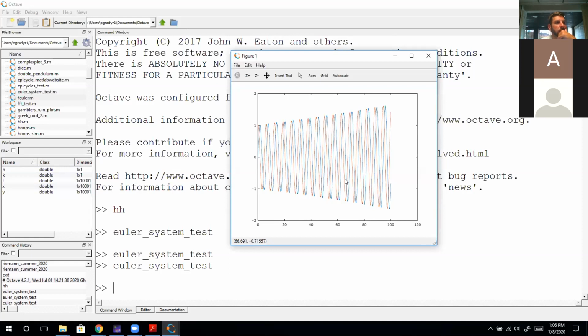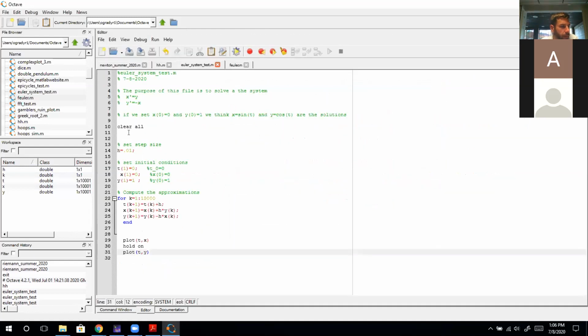So now we see something's wrong, right? These things are sines and cosines. They should not be doing this. What we're seeing means we've done something wrong, unless, let's double check something.